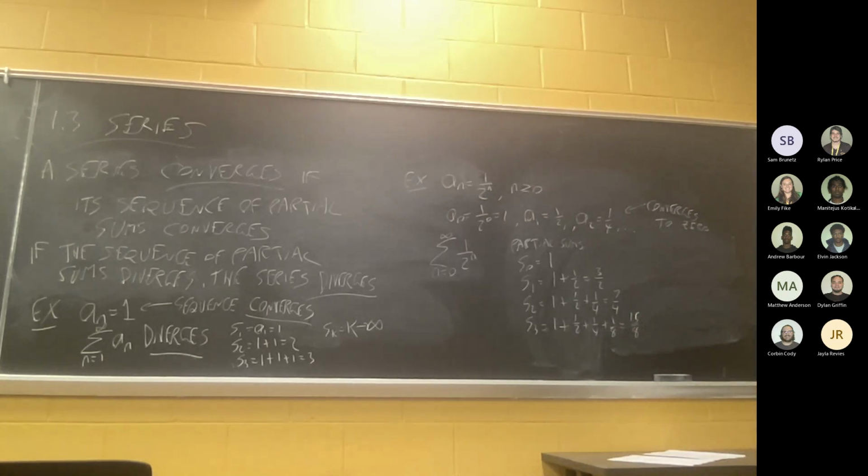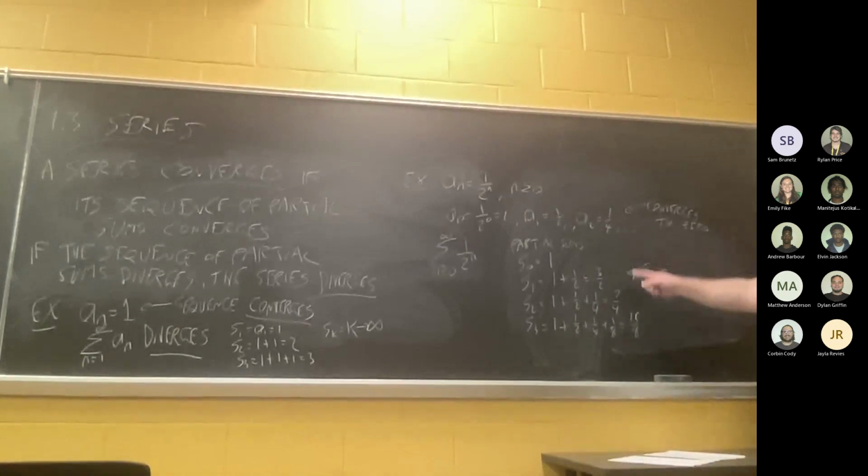But if you can see a pattern to the elements of this sequence of partial sums, then that can help you determine whether the series is going to converge. So if you look at these fractions, 1, 3/2, 7/4, 15/8, what would be a formula that would give these for any value k?